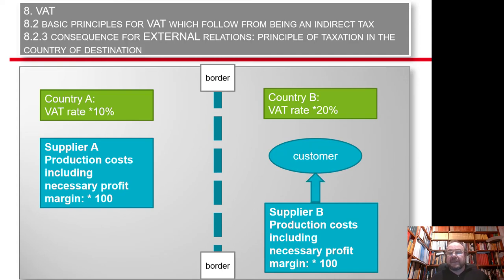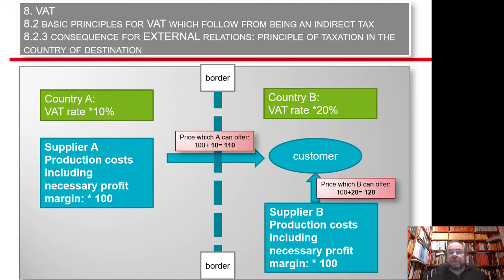Now, supplier B would calculate the price as the VAT rate in country B demands it, adds 20% on the net price, and ends up with a gross price of 120. That's it. The price for which he offers to the customer is 120. Now, imagine supplier A is just treated under the law of country A. Then we have a price of 100 plus the VAT rate of country A, which means 10 euro only.